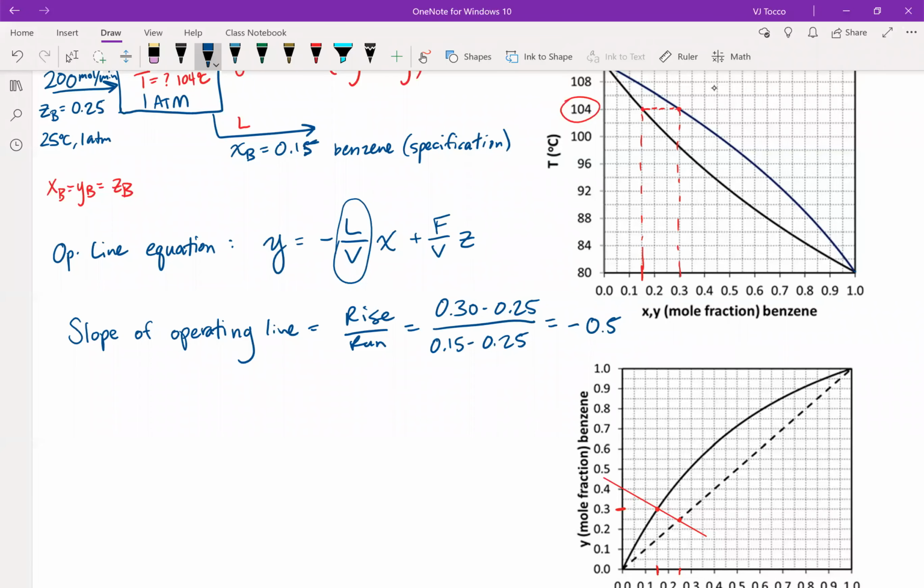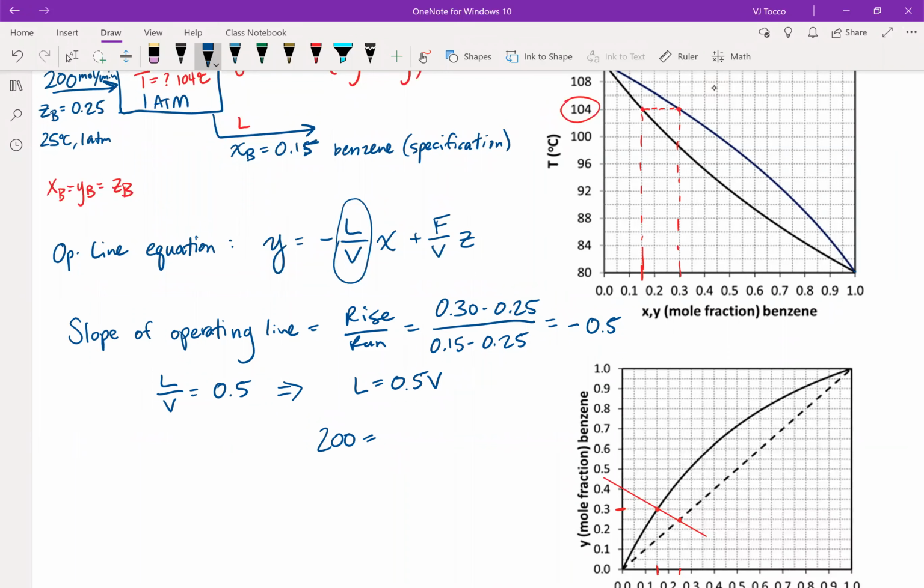So what this tells me is that L divided by V is equal to 0.5, or alternatively, L is equal to 0.5 times V. Now this is one equation for 2 unknowns, and in order to solve both unknowns I need another equation. This other equation comes from the overall material balance.